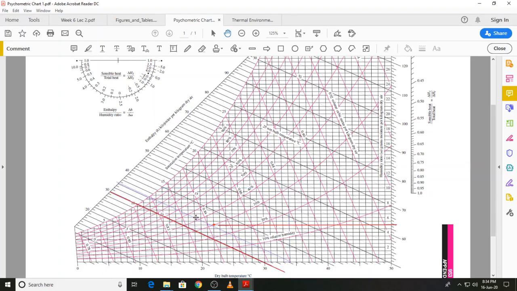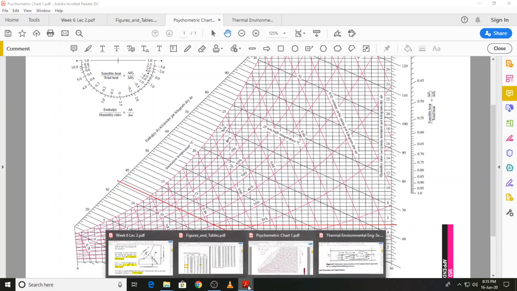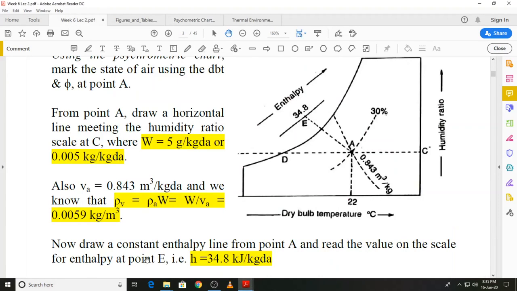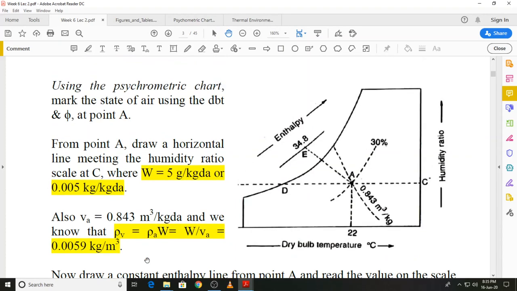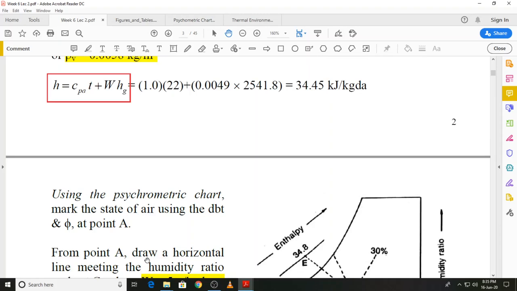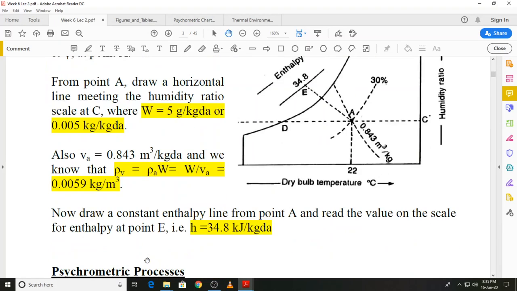We'll take this line over here and then read the specific enthalpy: 32, 34, approximately 35 kilojoule per kilogram dry air, and you can see that value is given over here. And again compare it with the calculated value, which was 34.45. So if I've read it as 35 kilojoule per kilogram dry air, again that is acceptable.